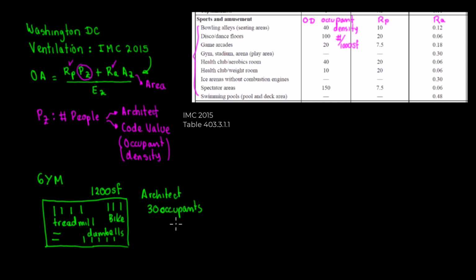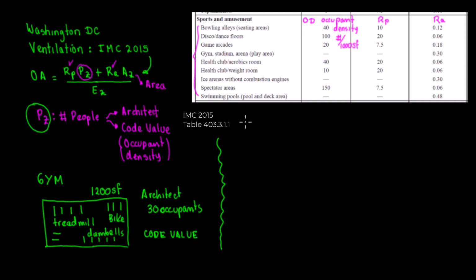All right. But what is the code value? The code value that we have is going to be the following. So let's put in here a line. For the code value, we use the following formula. You need to know the number of people, which is PZ, so you can put this number in your outside air calculation.